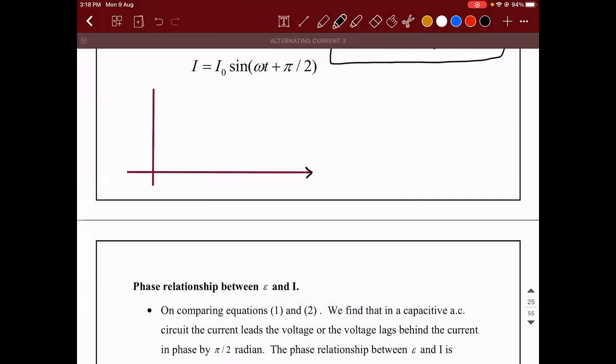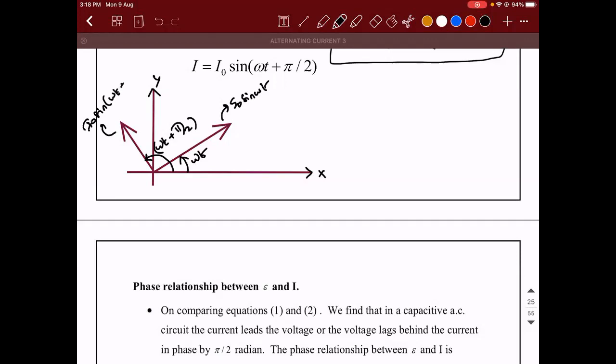When you draw the phasor diagram for this on the x-axis and y-axis, we can understand that E makes an angle omega t with the x-axis and I makes an angle omega t plus pi by 2 with the x-axis. So this equation is E naught sine omega t and this expression is I naught sine of omega t plus pi by 2.